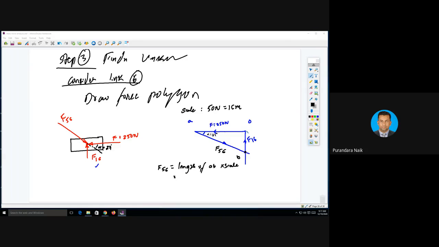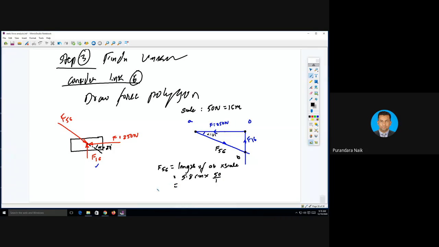How many of you solved the problem? Be frank, I told you to solve this. 5.8 centimeter into scale, which is 50 by 1.